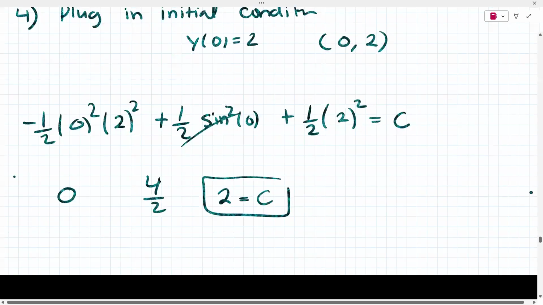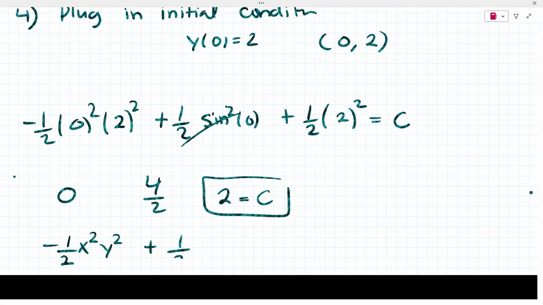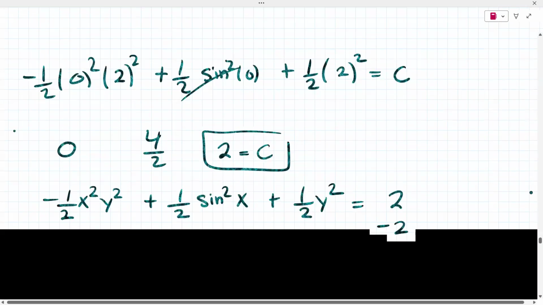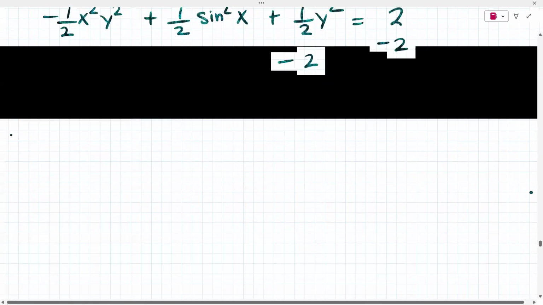Okay, so your final answer is negative 1/2 x squared y squared plus 1/2 sine squared x plus 1/2 y squared equals 2. And then subtract 2 from both sides because you have to get one side 0.